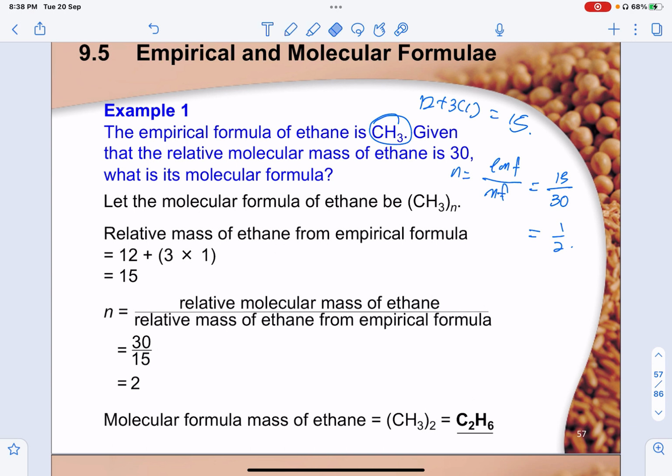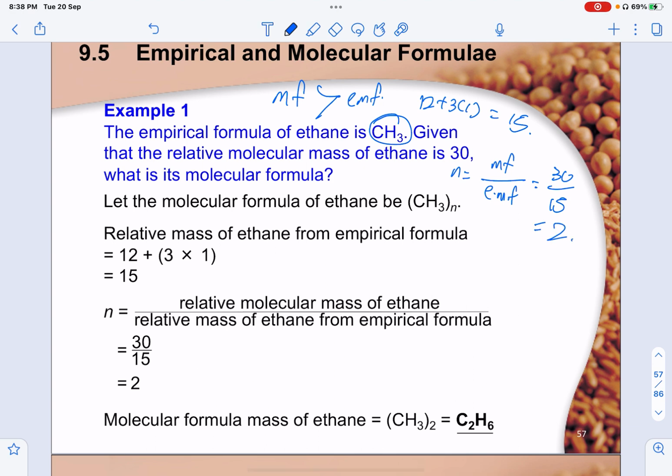Actually, sorry, it's better to do it the other way: the relative mass of the molecular formula divided by the relative mass of the empirical formula. You get 30 divided by 15, because the mass of the molecular formula must always be greater than the empirical formula. That's why we use the molecular formula as the numerator and the empirical formula as the denominator.